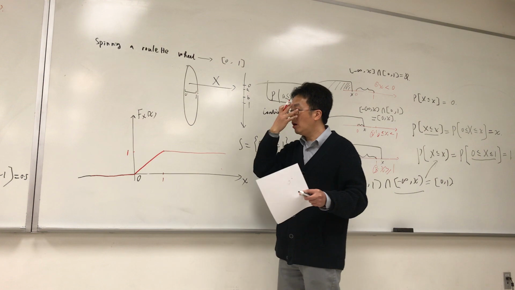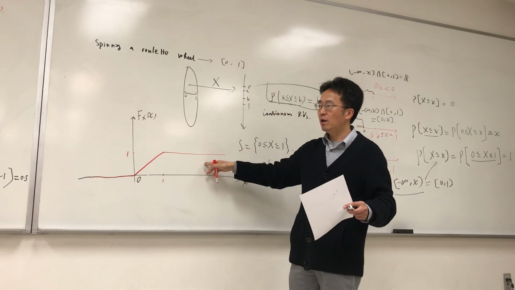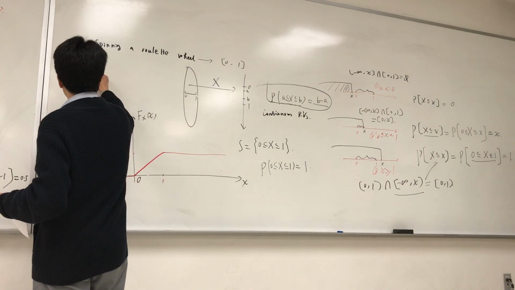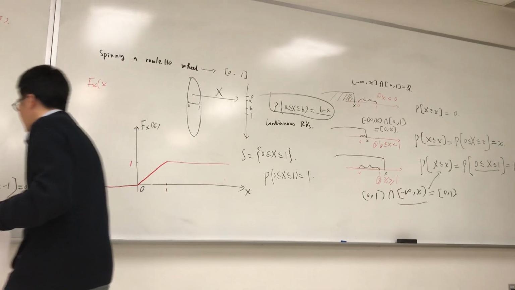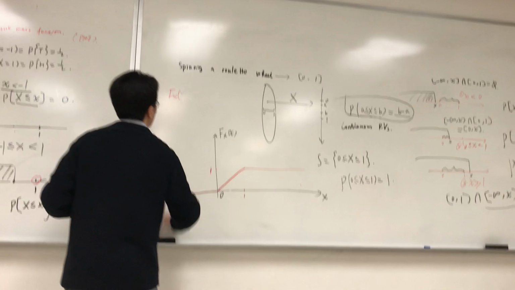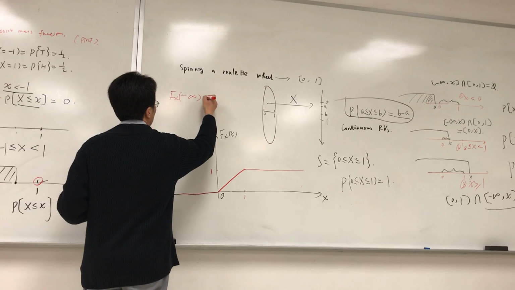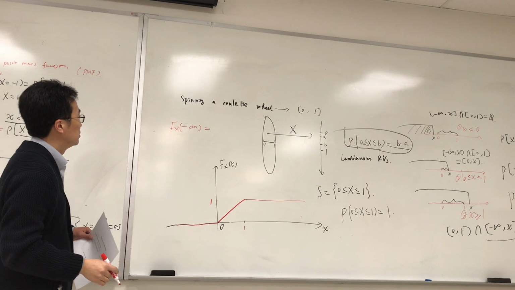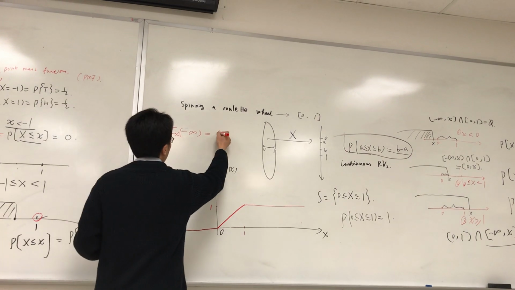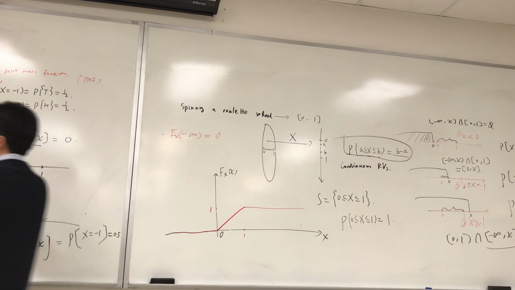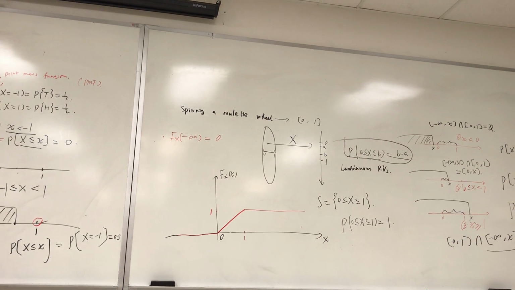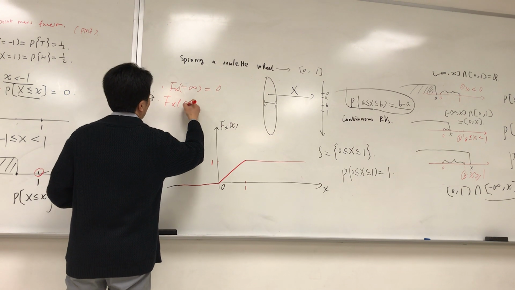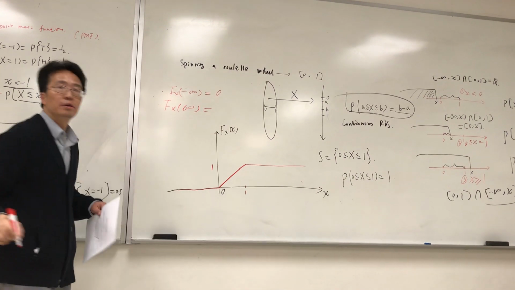Okay. Also, we can easily verify, like in this case, the function value at minus infinity should equal 0, right? It's the same as discrete, and they share the same property. How about the value at infinity?